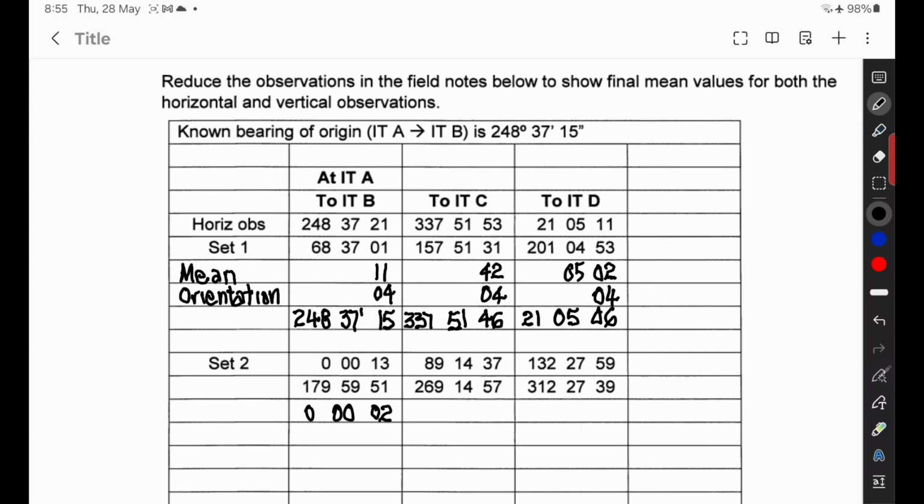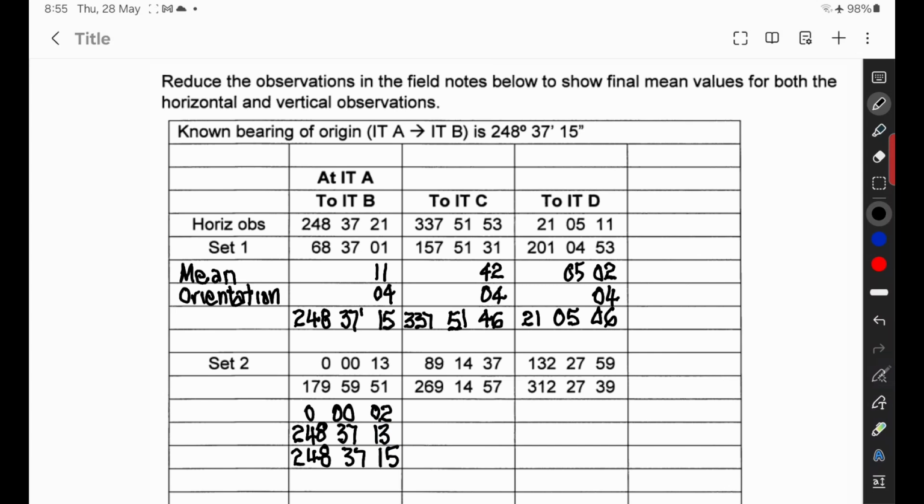Now, we wanted to set, well, our origin 248, 37, 15. So we were pretty good. We got 248, 37, 13.